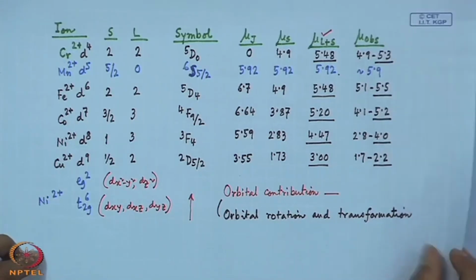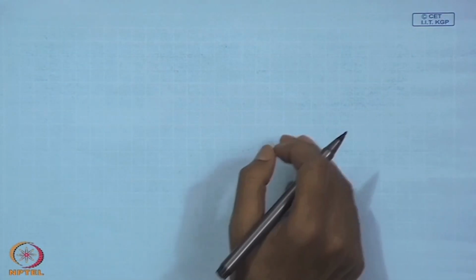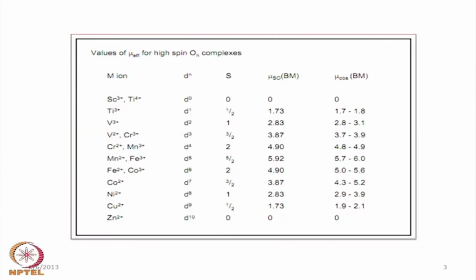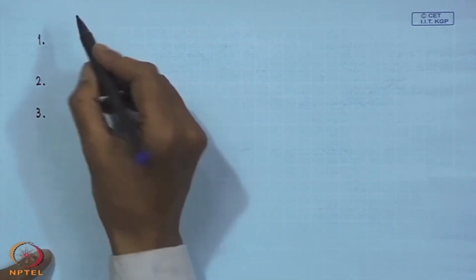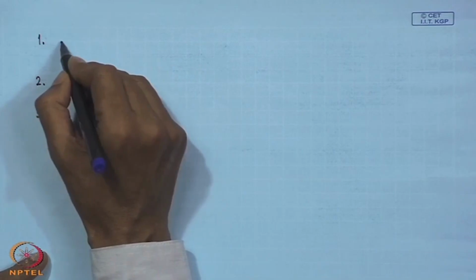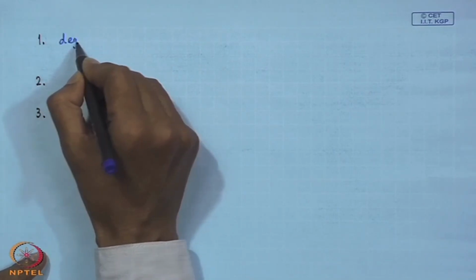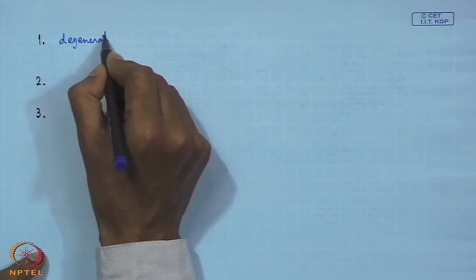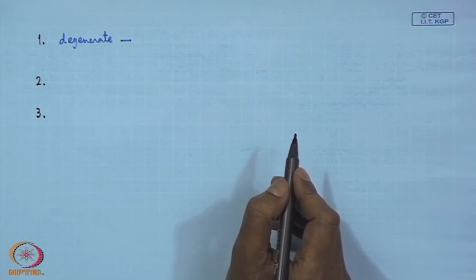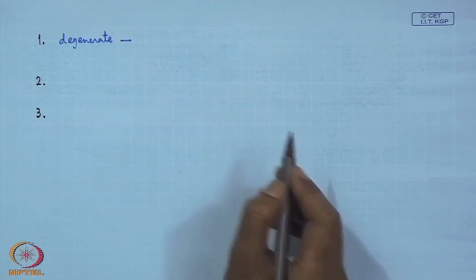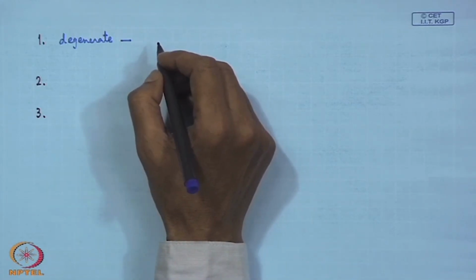So, we see that for the occupancy of these different levels, 3 rules we must follow for these orbital contributions. The first one is that orbitals must be degenerate. That means if we have degenerate orbitals like the t2g set or the eg set, and there will be an energy barrier for rotation.